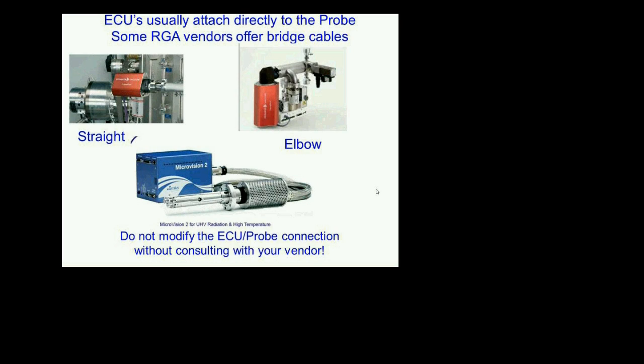The connection between the ECU and the probe relies on an electrical matching between the two devices. The ECU is electrically matched to the probe, and if you modify the interface between them in any way, it's very likely that the device will stop working. So if you have any plans of saying, I'm going to buy this, but I need to modify the ECU to use it, you should definitely call the vendor.